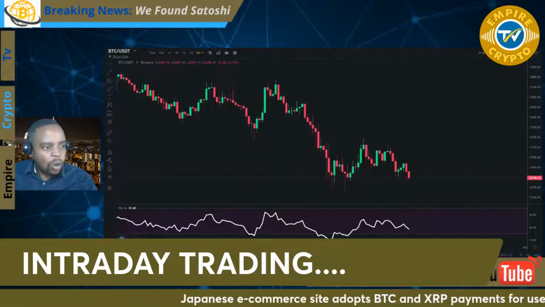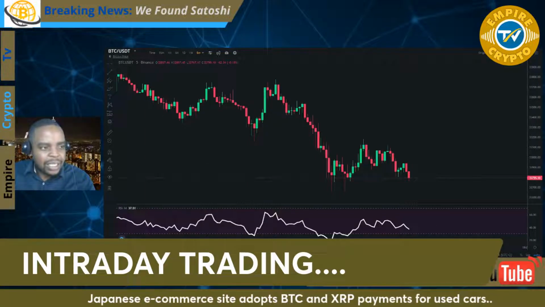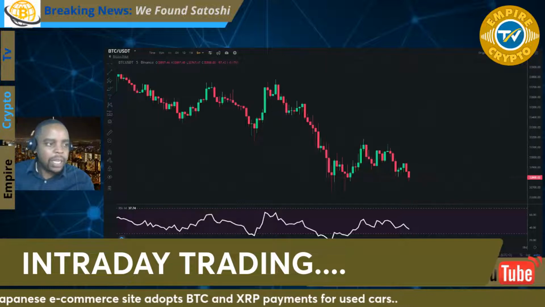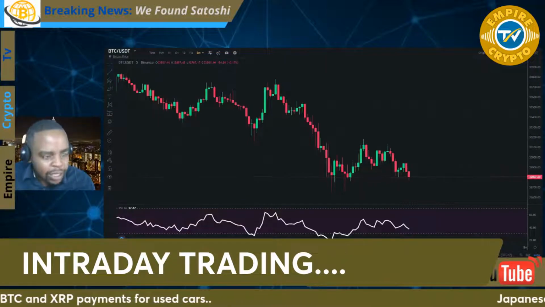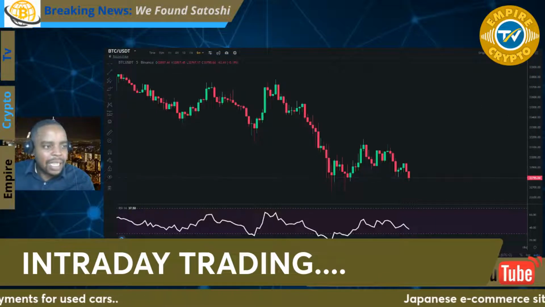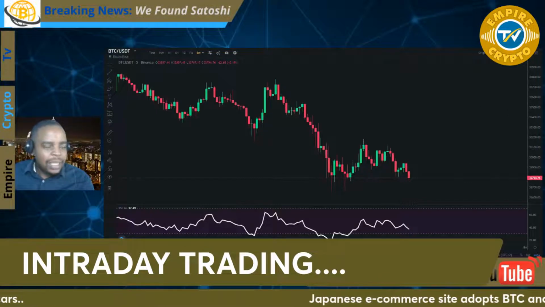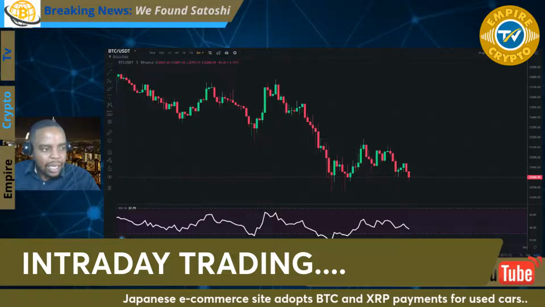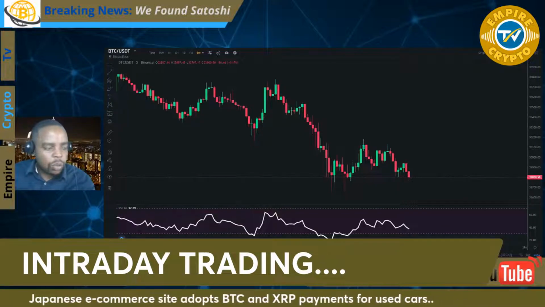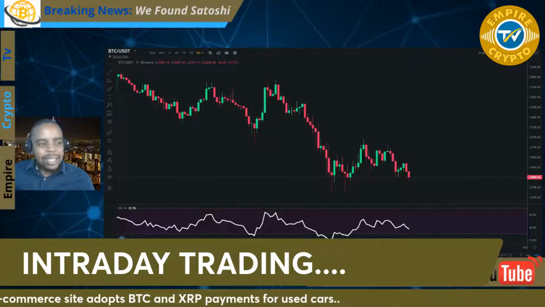That is all within the day itself. So there's also some explanation that will help you understand if you are starting to trade. This is a 5-minute chart. I can change it, go to a 1-minute chart, but as long as it stays within the daily time zone.